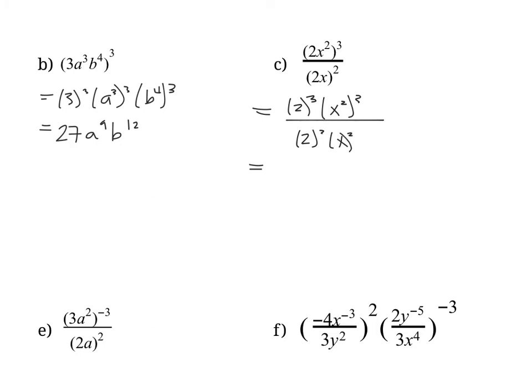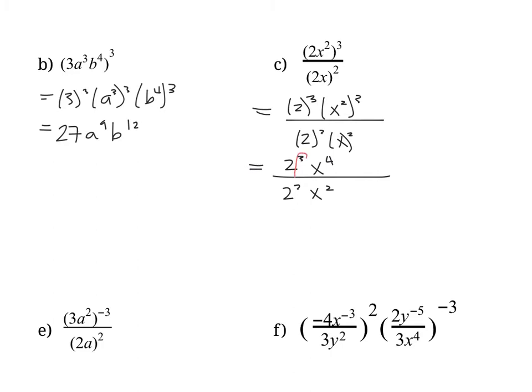So in the numerator, we're going to have 2 to the power of 3, which I could simplify, but I notice that I have another 2 underneath that will make it easy to simplify as well. And then I have x to the power of 4 all over 2 to the power of 2 and x squared. So I recognize that I have two different terms that have the same bases.